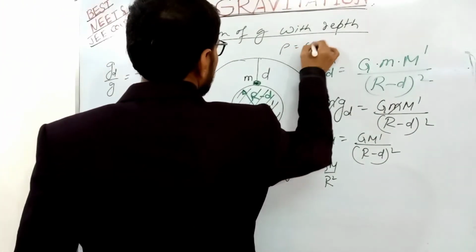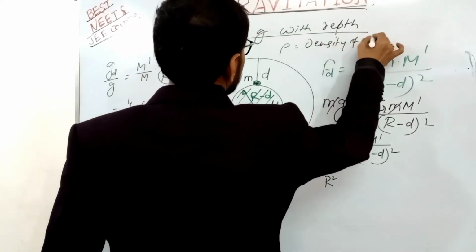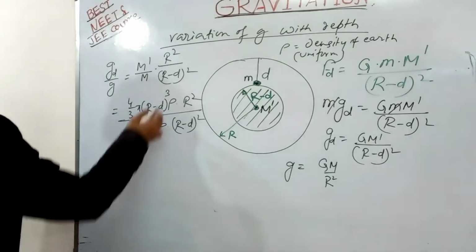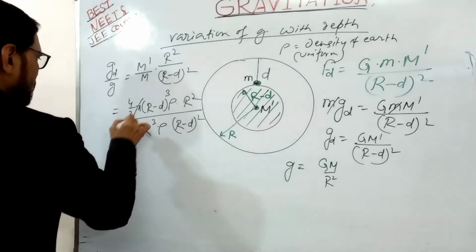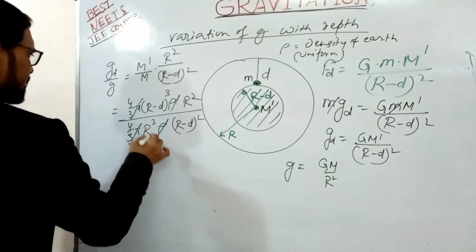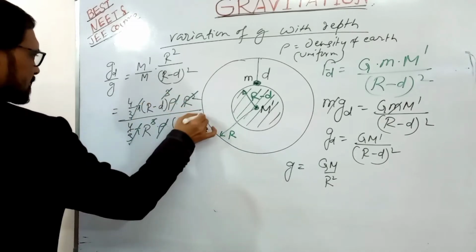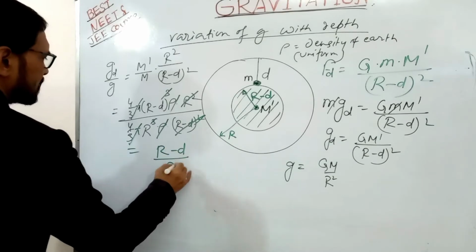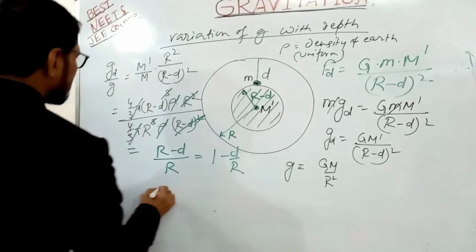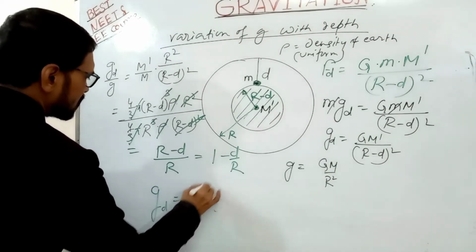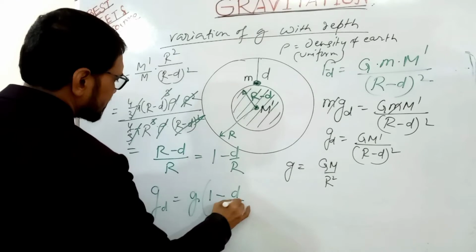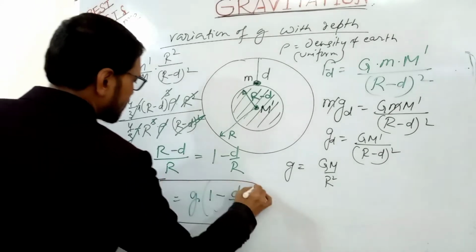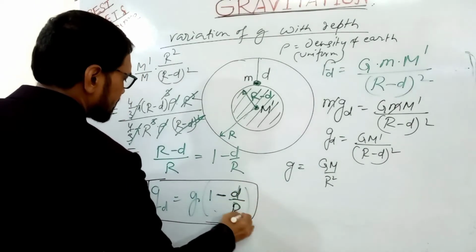So rho cancels, and the other terms cancel. The formula is r minus d by r, which is 1 minus d by r. So gd equals g into 1 minus d by r.